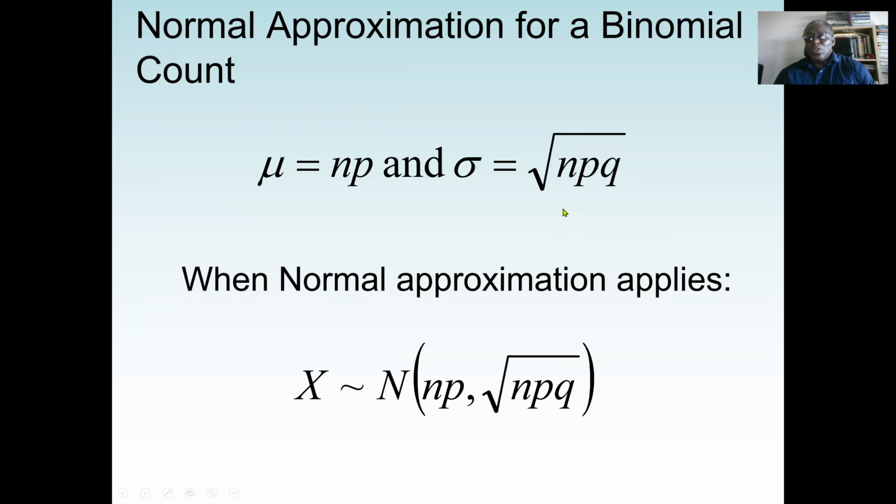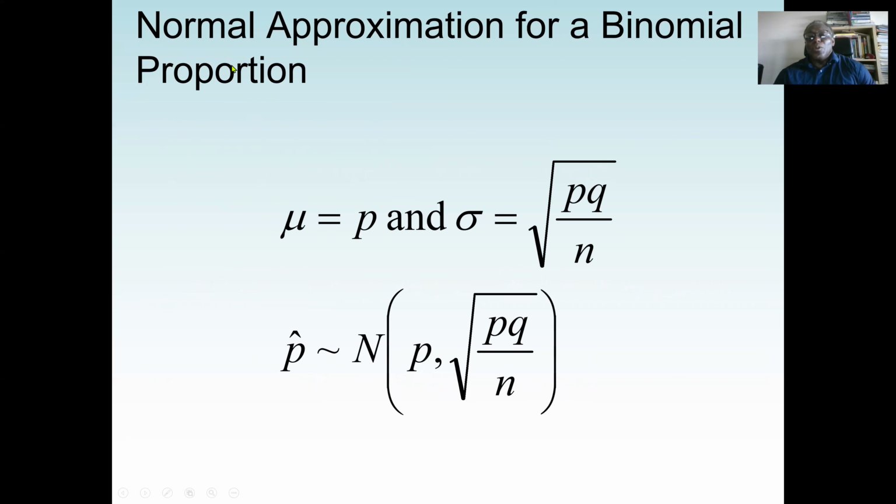When it takes on the normal approximation, we have a normal distribution with mean np and that standard deviation. In a normal distribution, the two most important parameters we need are the mean and the standard deviation. When we have them, we can do our testing, for example finding the z-score, then finding the p-value using the standard normal table.